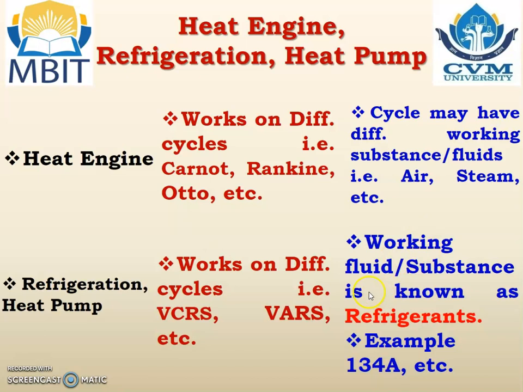The working substance or working fluid is known as the refrigerant. So to work on different cycles for refrigeration or heat pump, we require some working medium, as in the case of a heat engine also. And that working medium is known as the refrigerant. If I say refrigerant, it is nothing but the working medium utilized in refrigeration. And the examples are R134A, R22, etc.